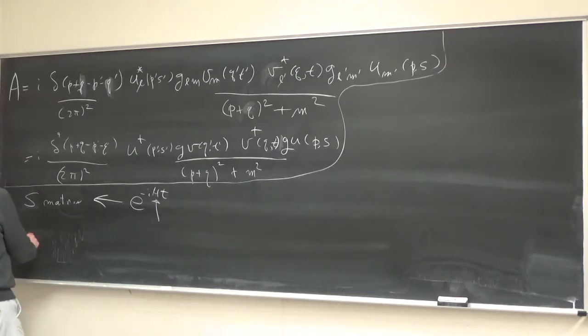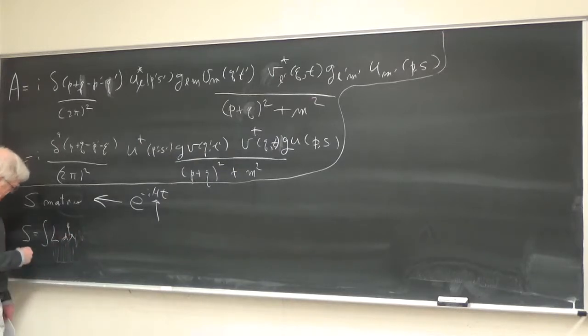On the other hand, if you take the action, which is an integral of a Lagrange density d4x, the basic rule is that you want S to be invariant under various symmetry transformations. And so that means that L should either be invariant or should transform suitably.